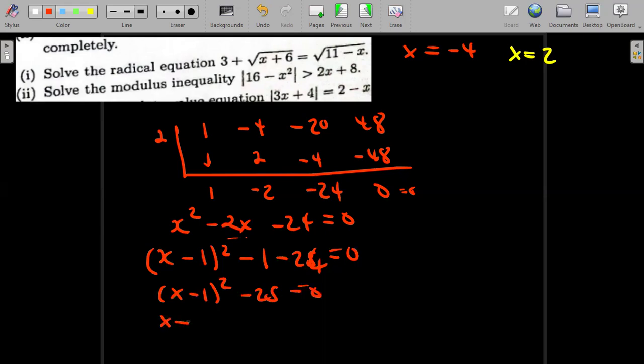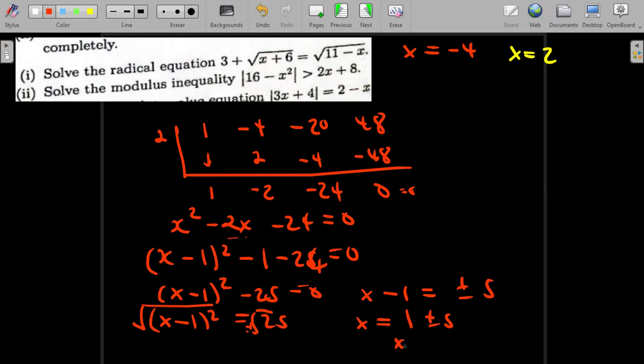Then you have x minus 1 squared is equal to 25. You introduce the square root there, plus or minus, and this just gives you x minus 1 equal to plus or minus 5. x is going to be equal to 1 plus or minus 5, meaning your x values are x equal to 6 and x equal to negative 4. So these are your x values. So these are what factors.